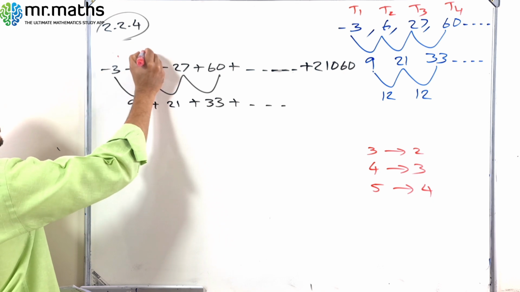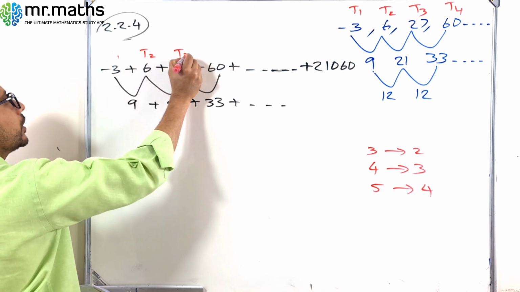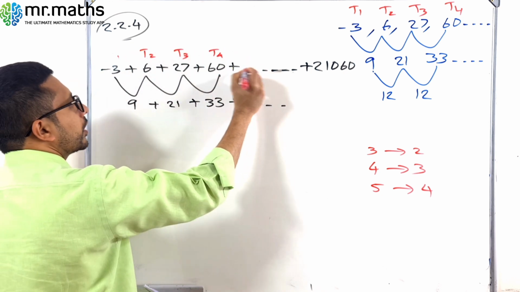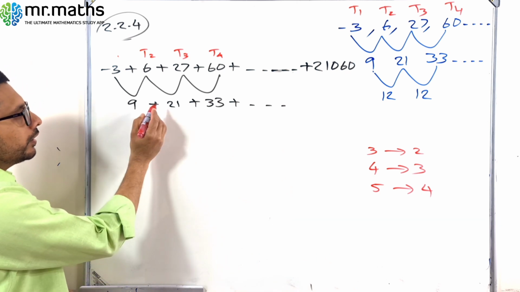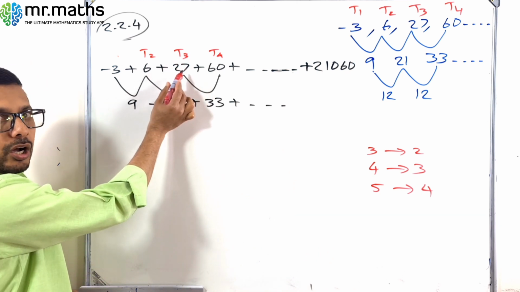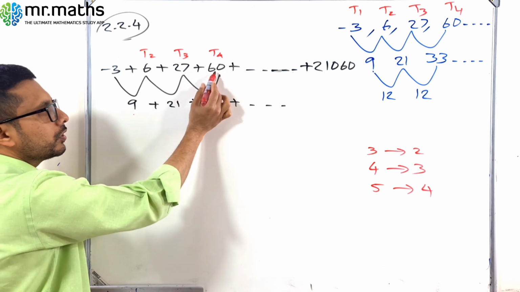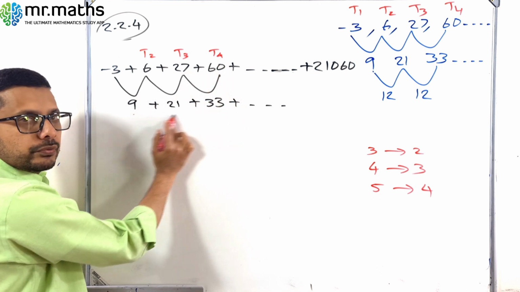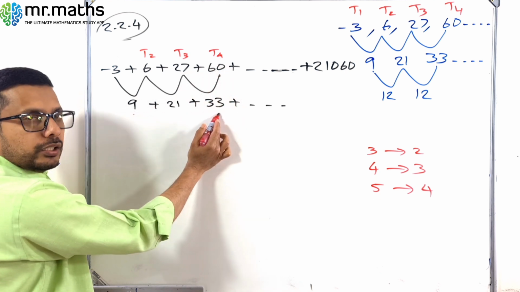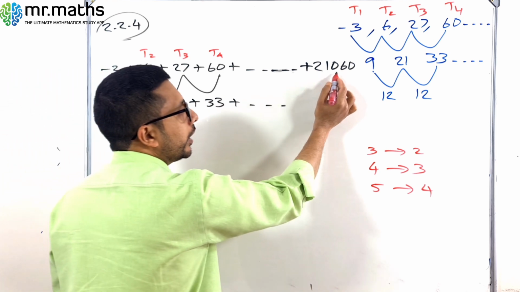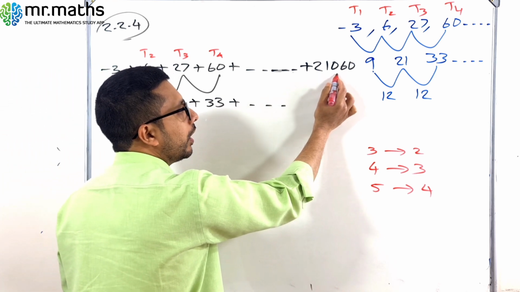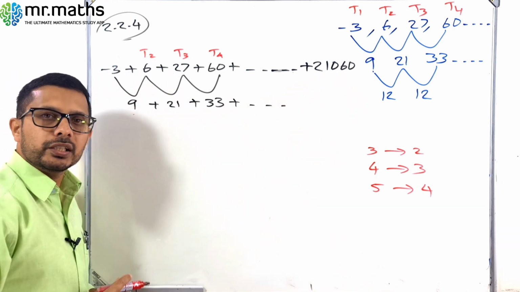This is the first term, second term, third term, this is the fourth term. To get the third term, how many consecutive first differences to add? 2. To get the fourth term? 3. Am I right?